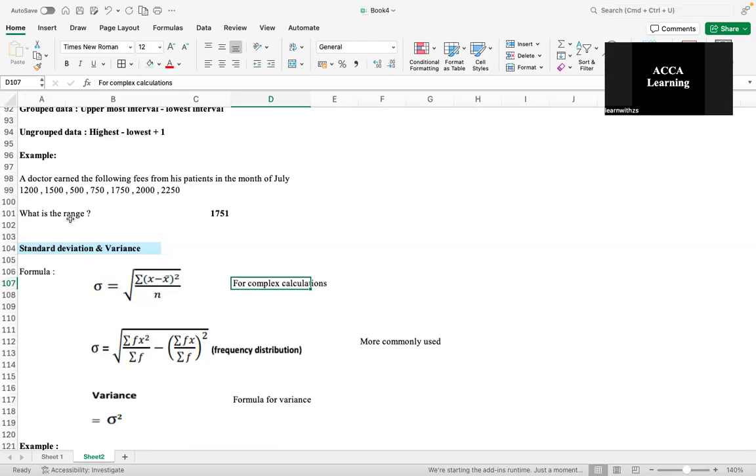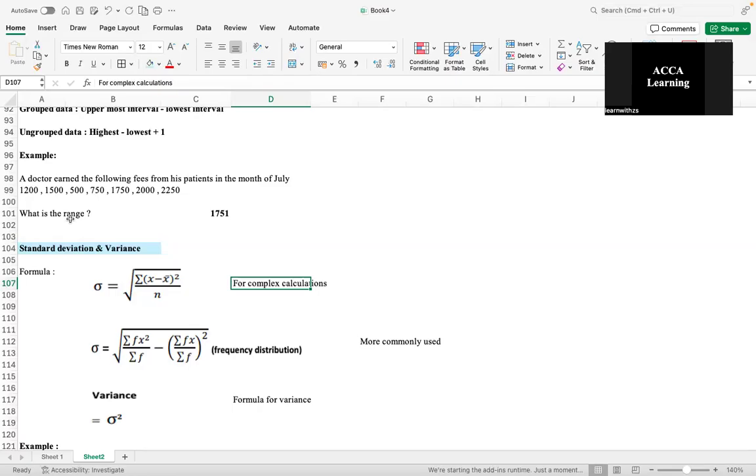Okay. Whereas if you talk about standard deviation, it is less sensitive to outliers than the range, but it does take into account the distribution of values within the data set. So it is very easily interpretable as compared to variance, as it represents a direct measure of spread, and it can be used to compare the spread of data sets with different units or scales.